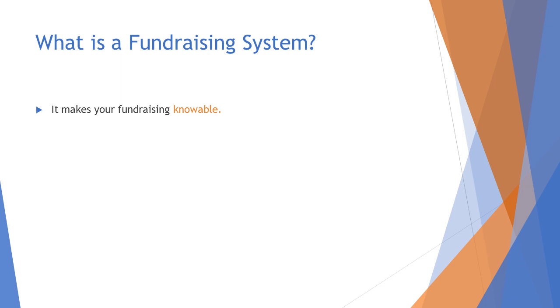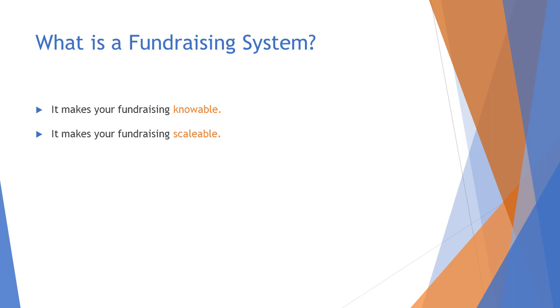And as we're talking about the characteristics of a good fundraising system, if it's a lot to digest, stay tuned, because again, we're going to be walking through how to do this with a real life example of a system for your nonprofit. But again, a fundraising system makes your fundraising knowable. Because systems make your fundraising process knowable, they also make your fundraising scalable.